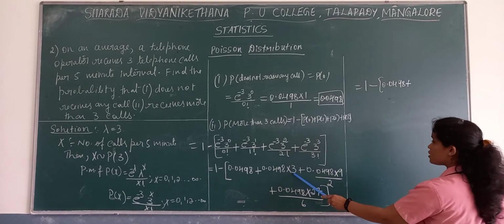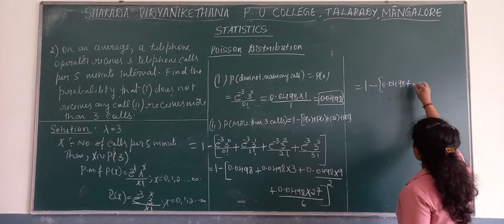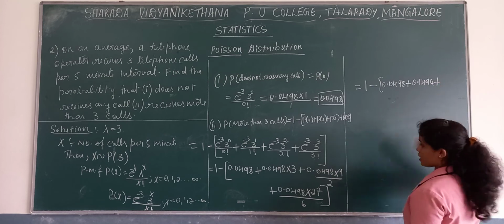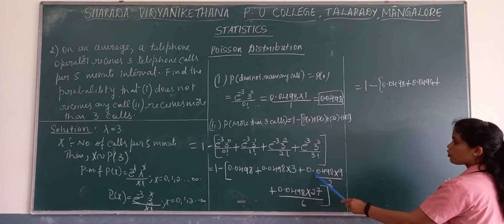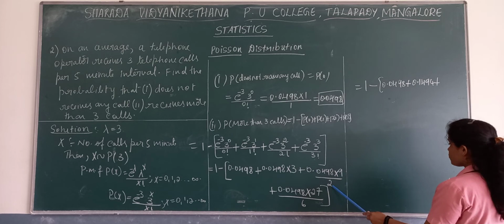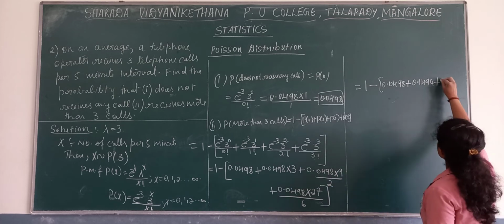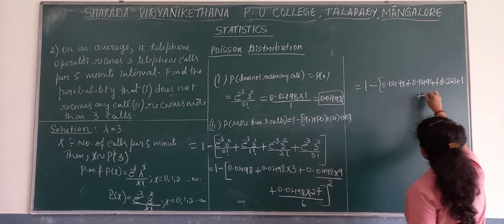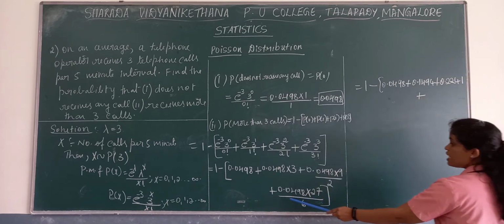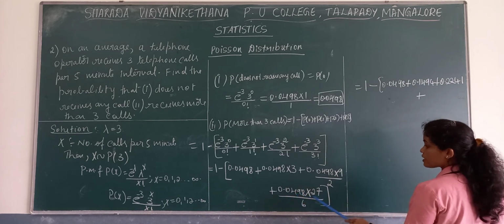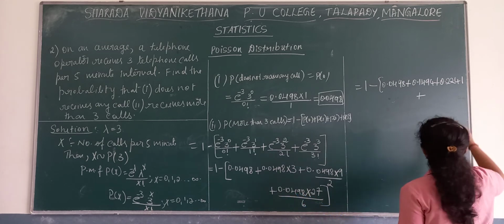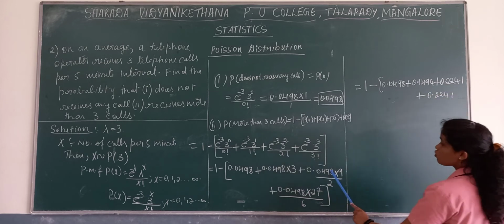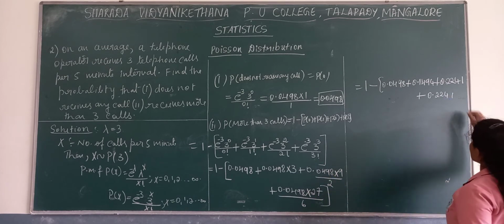What do we get? 0.0498 into 3 is 0.1494, plus next one 0.0498 into 9 divided by 2, there we get 0.2241, plus last one 0.0498 into 27 divided by 6, there also we get 0.2241. In these two also we get the same value as the answer.